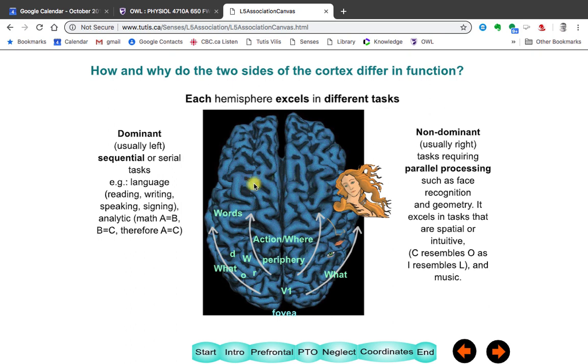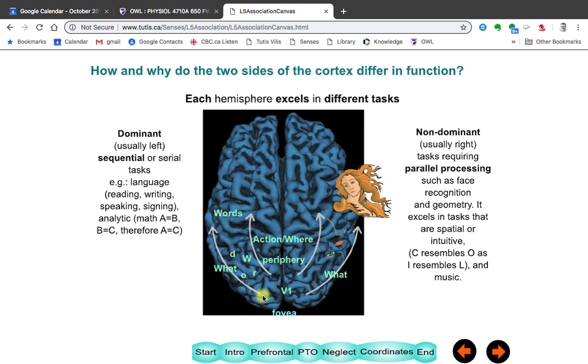And for that reason, the neurosurgeons claimed that this area was dominant. But in fact, both areas are equally important. It's just that we haven't quite discovered what the important things of the right cortex are. We do know it's very important for things like faces, because the face area is larger on the right.